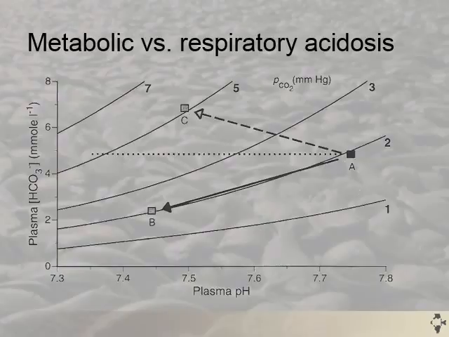Now the shift from A to B is a process that's referred to as metabolic acidosis. This is also referred to as the addition of fixed acid to the system. So for example, if a fish was respiring anaerobically, it would be producing lactic acid. Lactic acid is considered a fixed acid essentially because it doesn't participate in the bicarbonate buffering system the same way that CO2 does.